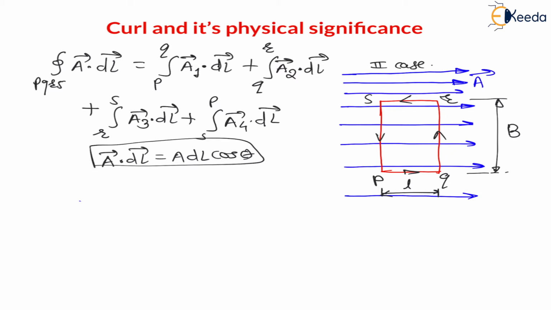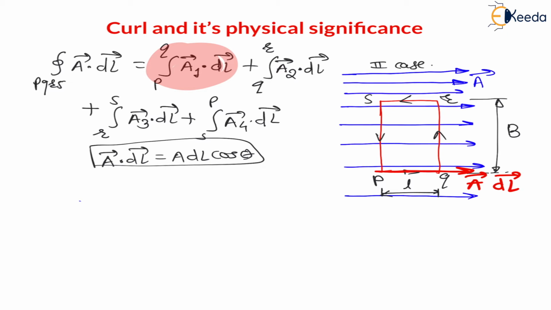First of all, think about PQ. Here PQ is going towards the right, as well as the vector field A is going towards the right. Both are going towards the right, so the field and dl vector are on the same side. Therefore the angle between them is definitely 0 degrees.